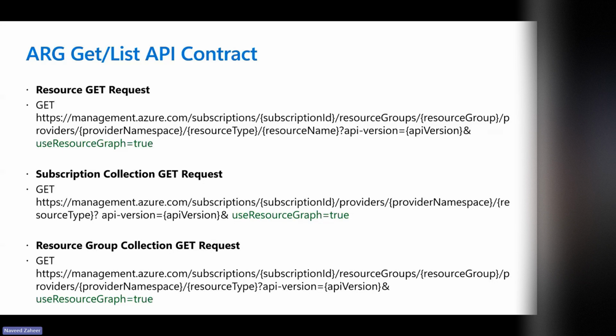We don't know. But at this moment, you add use resource graph equal to true. That's it, and you're using a different quota now. 4K, that's the quota you're going to be using, and you can use it for different resources, compute resources. Go ahead, a question.